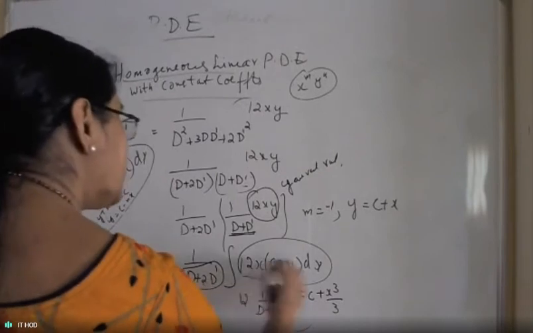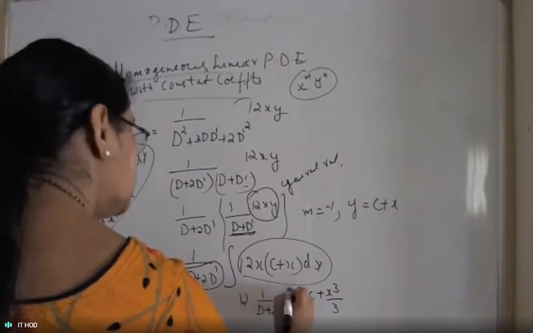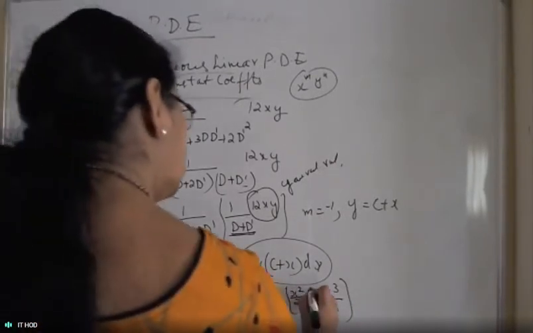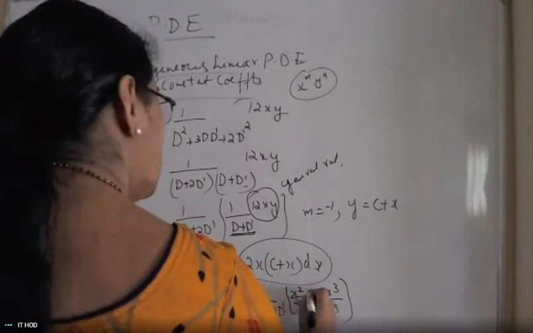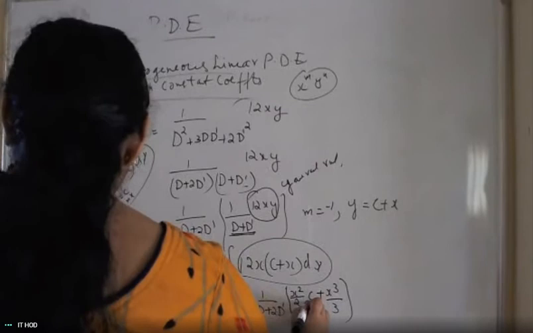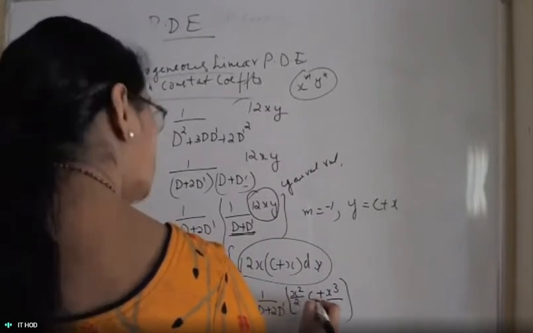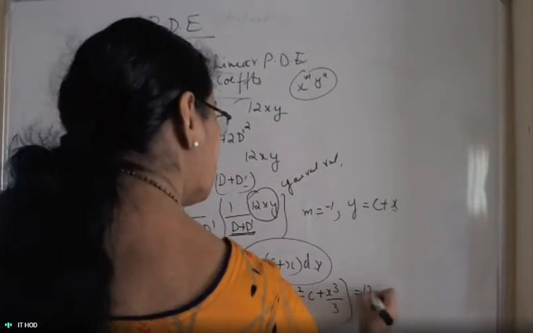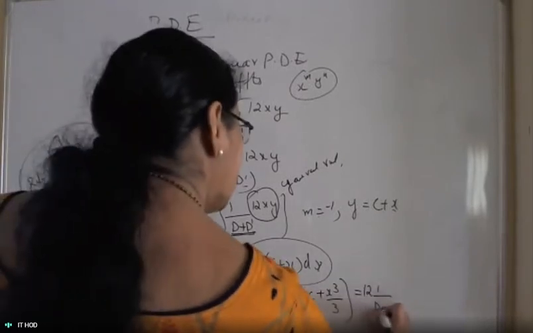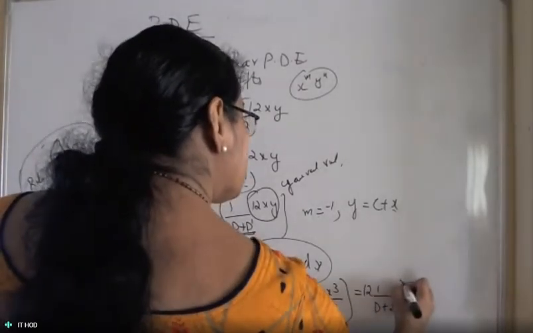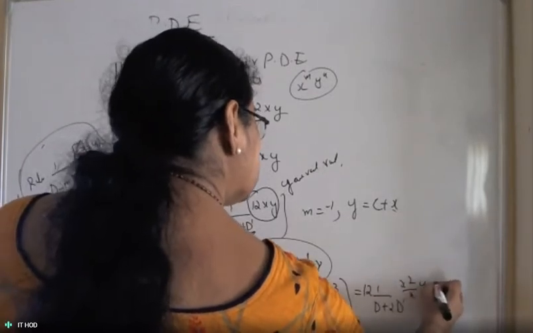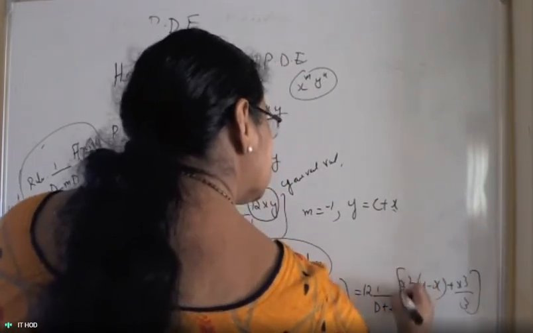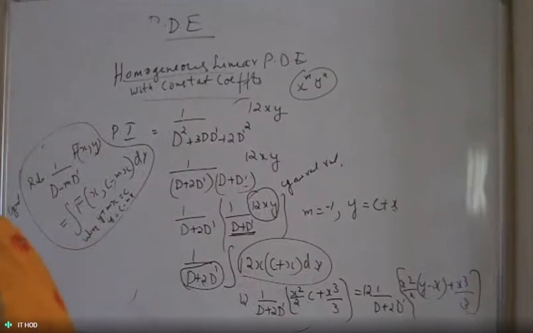Now you have to change this c again to y minus x. So I write this as 12 into 1 by (D plus 2D dash), x squared by 2 into (y minus x) plus x cubed by 3.